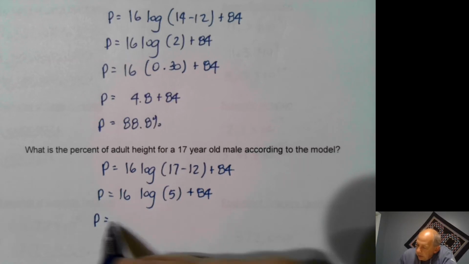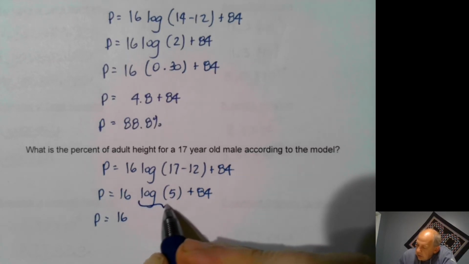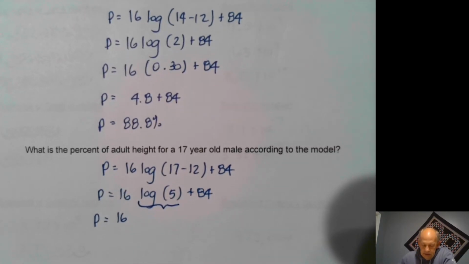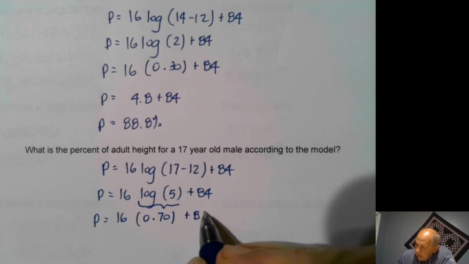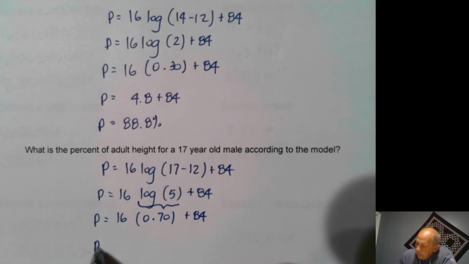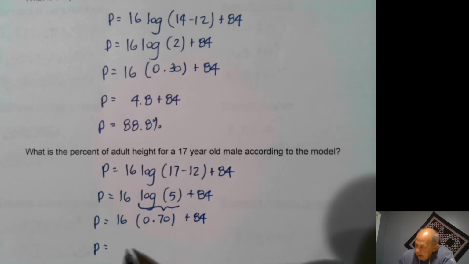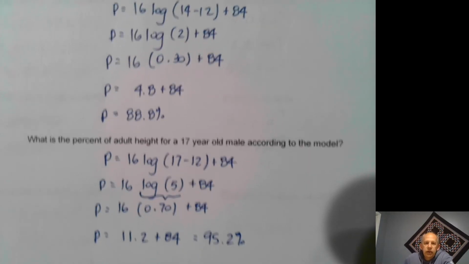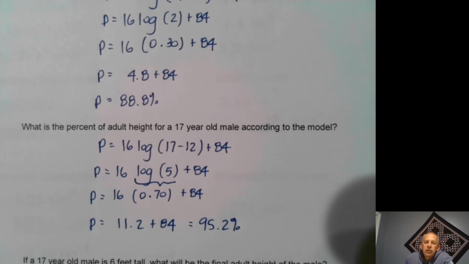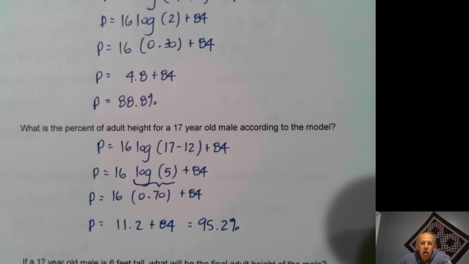My calculator tells me that the log of 5 is 0.70, add 84. 16 times 0.7 is 11.2. Add 84. A 17-year-old is a little bit older, a little closer to their final adult height than a 14-year-old. They're 95.2% of their way to their adult height.